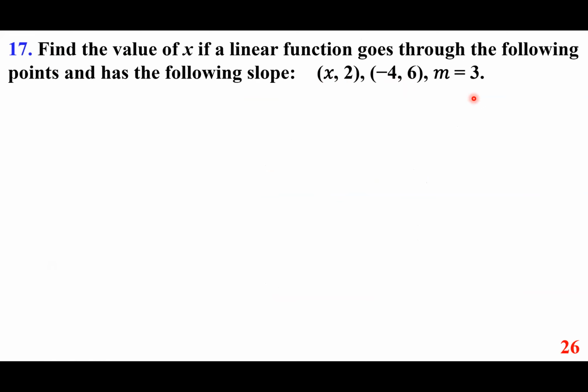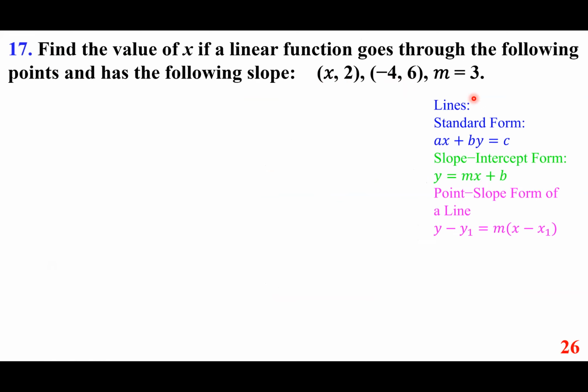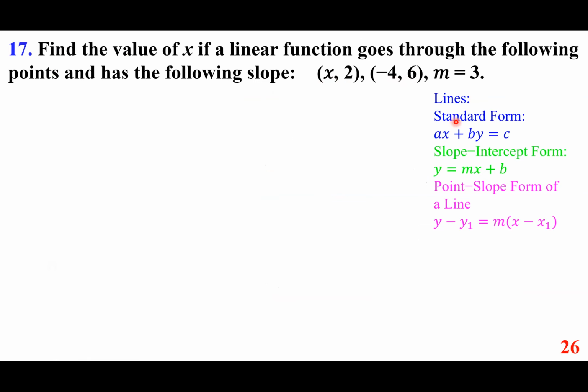So reminding everyone of a few things. When we discuss lines, here's the standard form, ax plus by equals c. Here's the slope intercept form, y equals mx plus b.